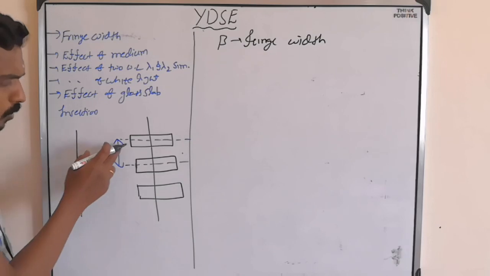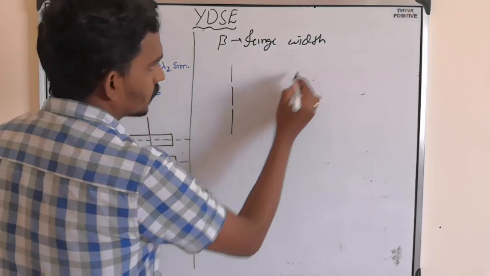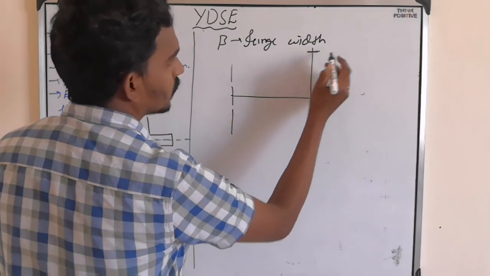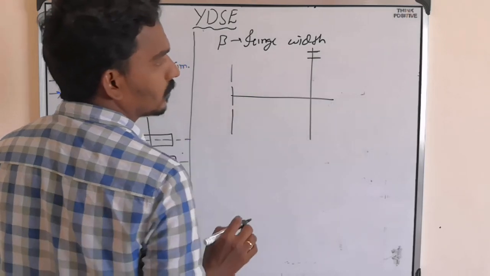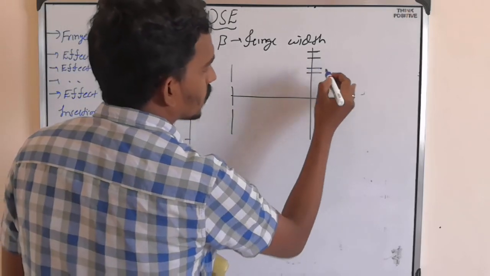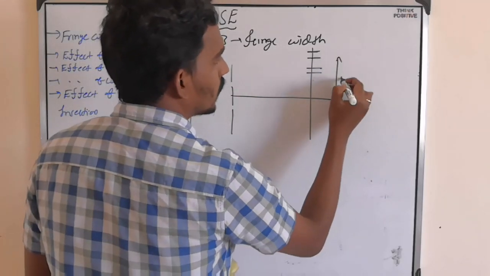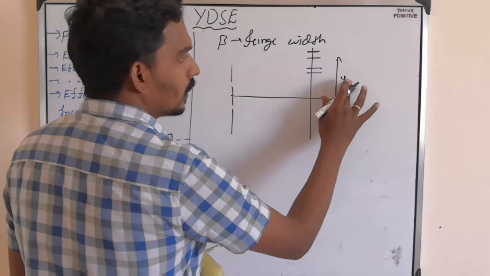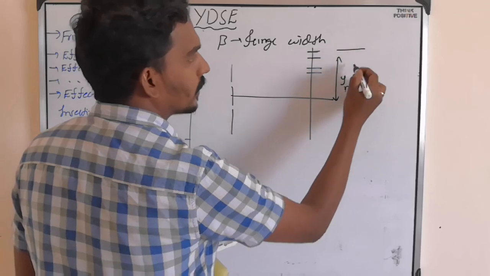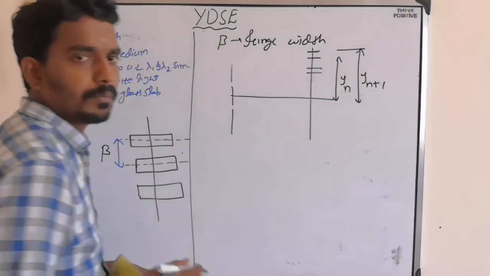Now, how to find this? Consider two situations. This is yn, the distance of the nth bright fringe. This is the distance of the n plus 1 bright fringe.